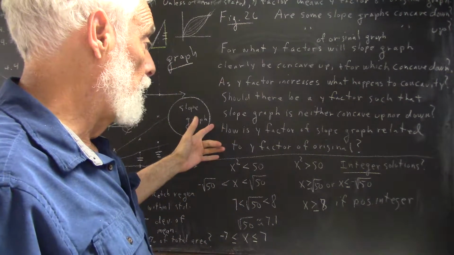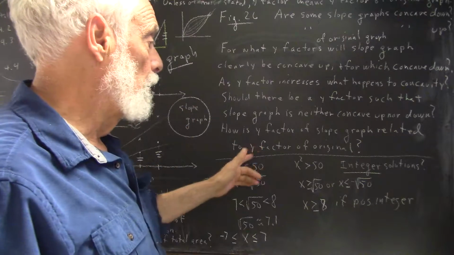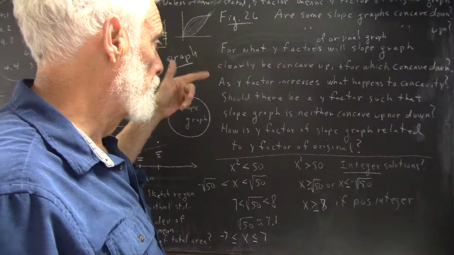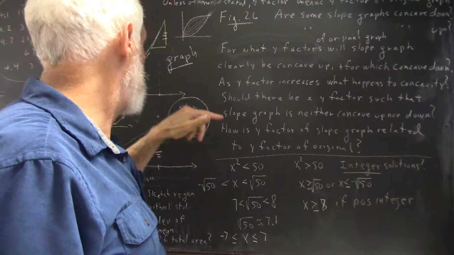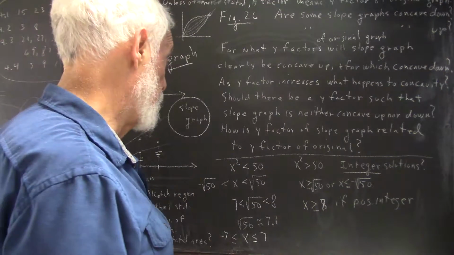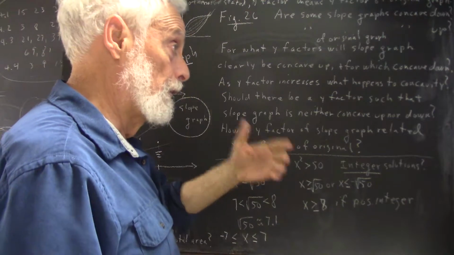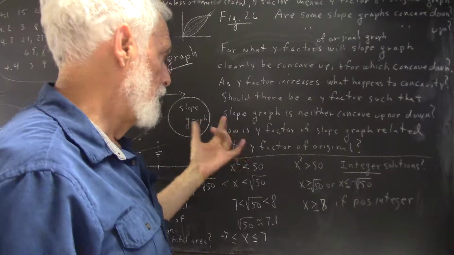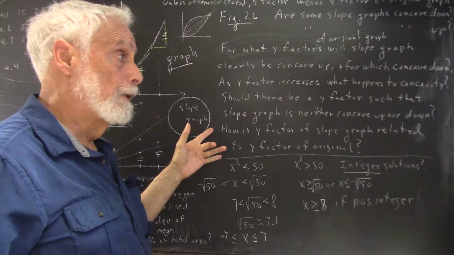How is the y factor of the slope graph related to the y factor of the original graph? If, of course, the slope graph is a power function, if the slope graph has a consistent y factor. So it might be an improperly posed question.